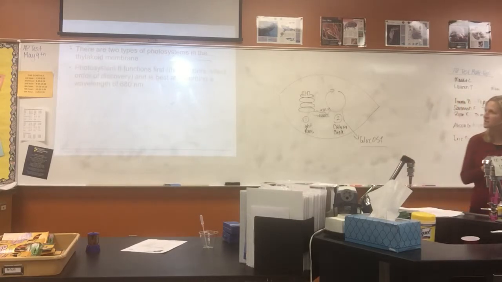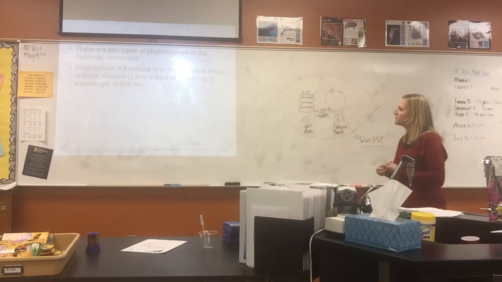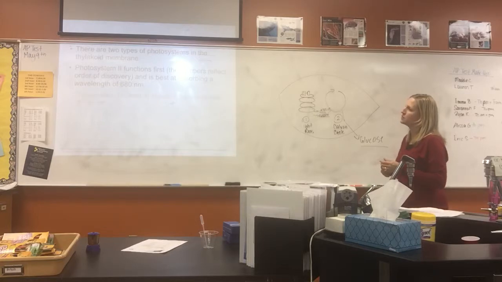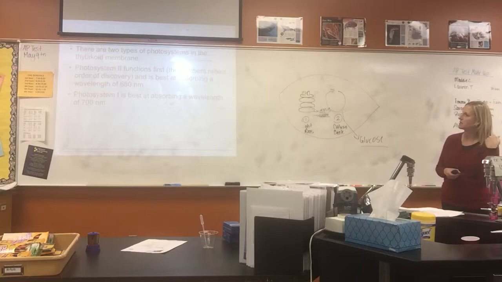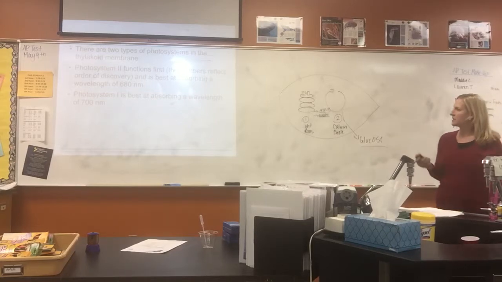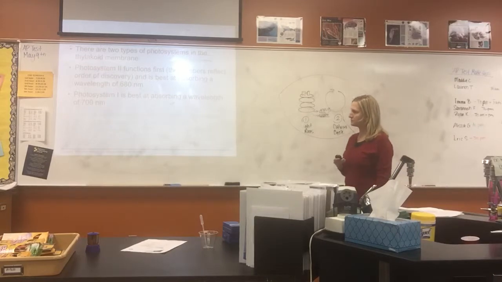So photosystem 2 functions first. The numbers reflect the order of discovery, and it is best at absorbing a wavelength of 680 nanometers. And photosystem 1 is best at absorbing a wavelength of 700 nanometers. Let me explain what that means. So here are these two photosystems.